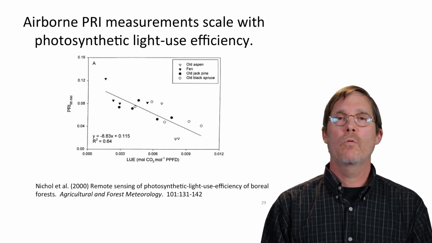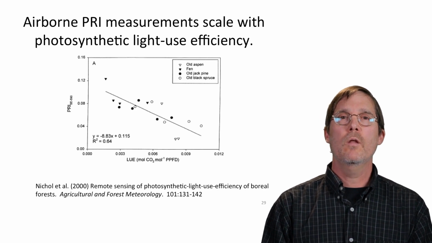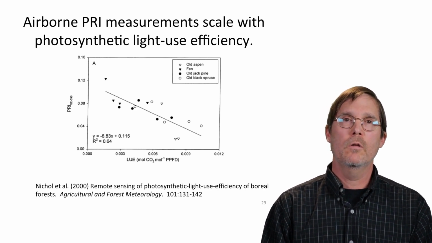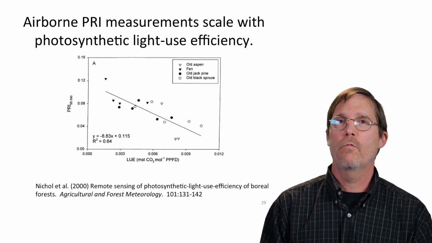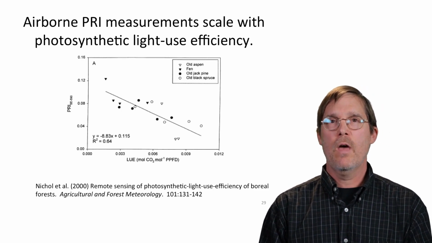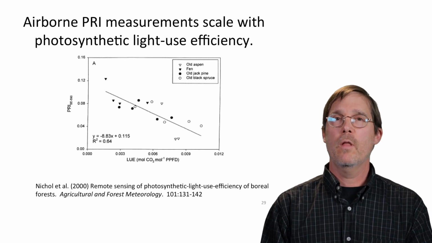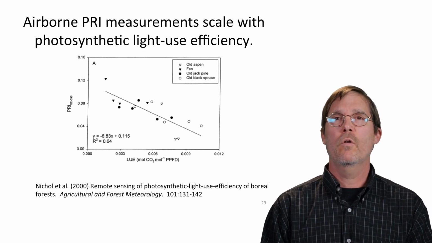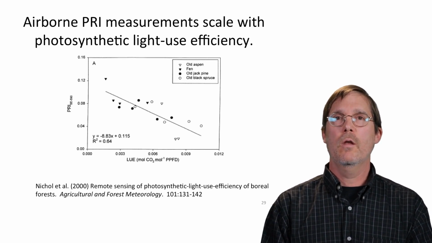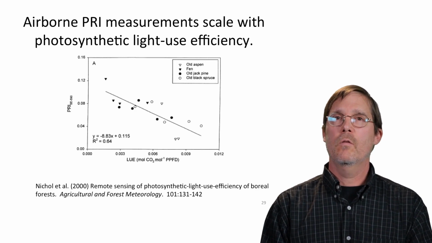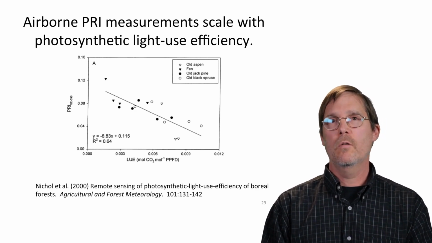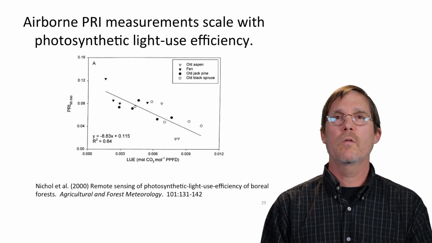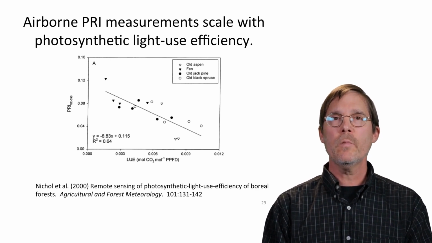And one of the ones that I think is a great example is work by Carolyn Nickel and colleagues showing you airborne PRI measurements of a boreal forest and relating that for several different canopies to the light use efficiency of those same forests measured with eddy covariance. And there's a significant relationship between the PRI measured at different dates on these different canopies and the light use efficiency.